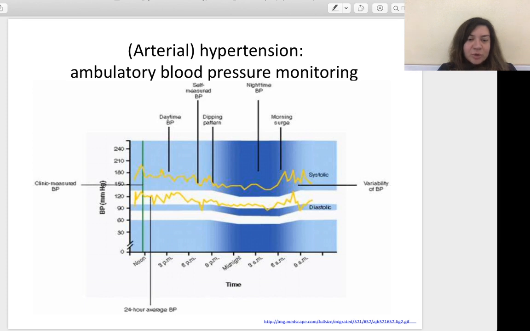Ambulatory blood pressure monitoring. Yes, it is a daily scheme of the result of some patient. You understand that blood pressure during 24 hours will not be flat at one level. During the day it can be lower or higher, even within several minutes, according to activity, eating, speaking, doing some exercises, maybe some emotional stress, some kind of walking, some kind of medications, activities, and a huge number of other factors.